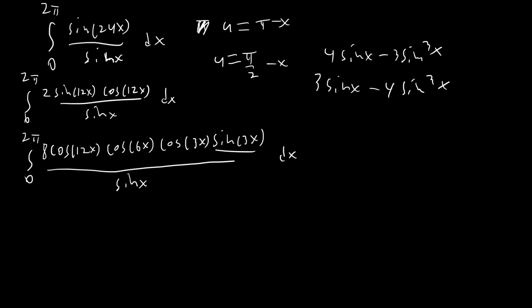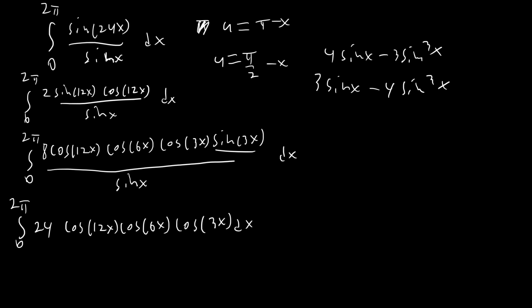So we're going to end up with two different integrals here. We're going to have the integral from 0 to 2 pi of 24 cosine of 12x cosine of 6x cosine of 3x dx minus 32 times the integral from 0 to 2 pi of cosine 12x cosine 6x cosine 3x sine squared of x dx.